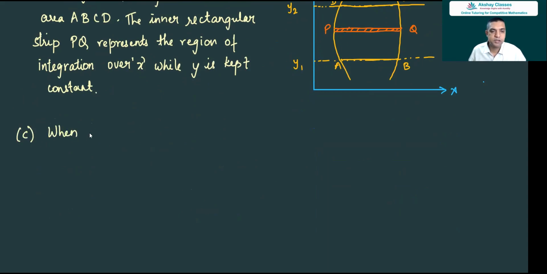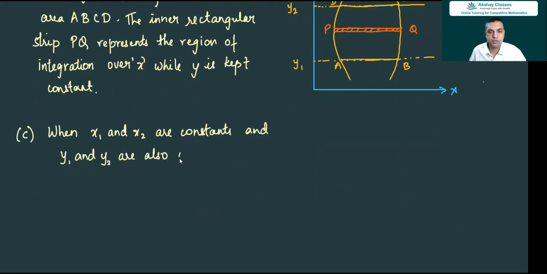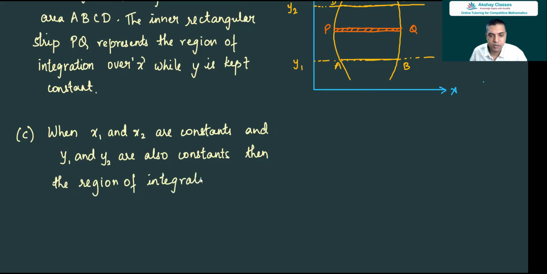When x1 and x2 are constants and y1 and y2 are also constants, then the region of integration is a rectangle.